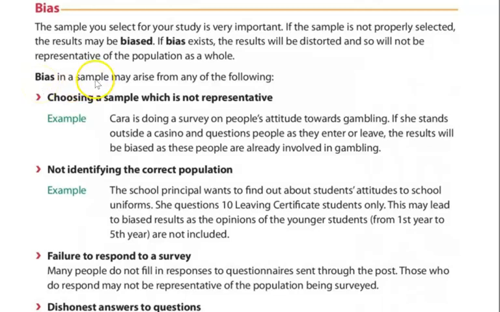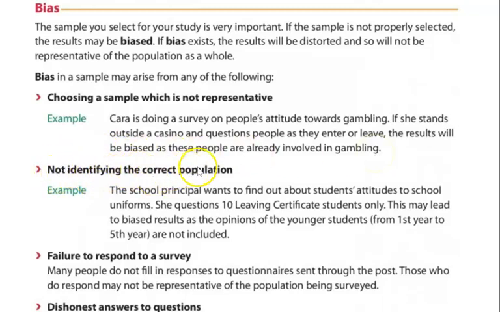Bias in a sample may arise from any of the following. Choosing a sample which is not representative. For example, Cara is doing a survey on people's attitudes towards gambling. If she stands outside a casino and questions people as they enter or leave, the results will be biased, as these people are already involved in gambling.